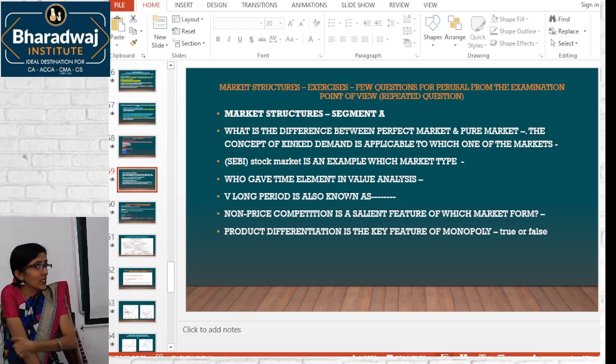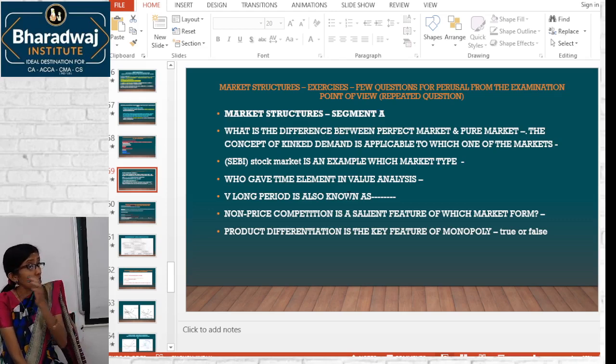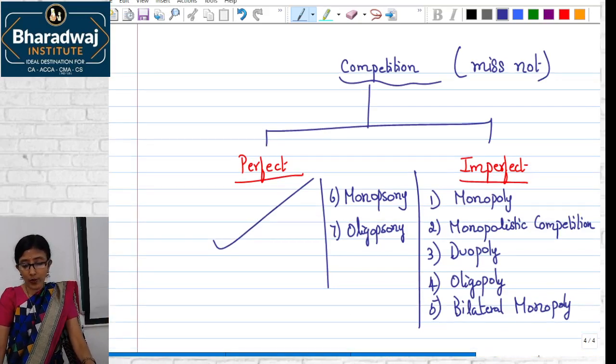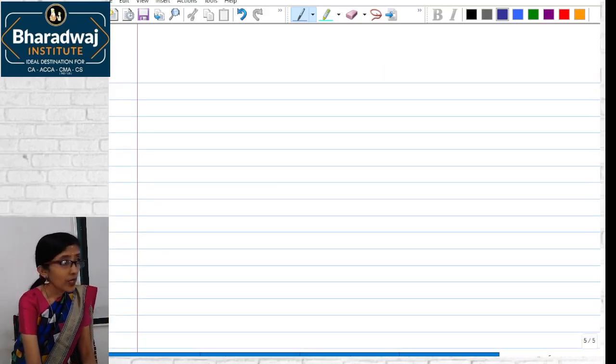SEBI is an example of a regulated market because the share market and its players are regulated by SEBI guidelines. And remember, perfect competition will come as an example of an unregulated market. Free market or unregulated market defines perfect competition. It's a tricky question which is asked.